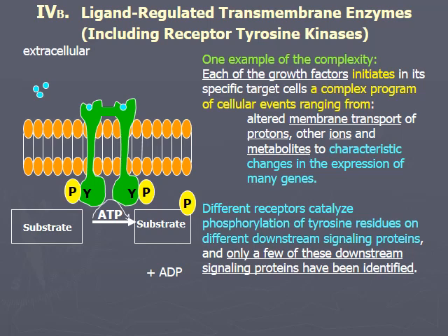In the case of the insulin receptor, the name of this particular substrate is IRS, insulin receptor substrate. And that insulin receptor substrate, when it gets phosphorylated, causes increased expression of a glucose transporter on the surface of target cells like liver cells, fat cells, and skeletal muscle cells, so that all that sugar can leave the blood and enter target tissues.